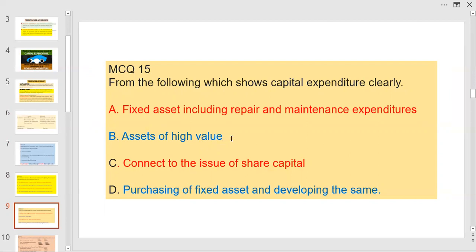A furniture purchased for 10,000, at the same time a machinery purchased for 10 million, both can be fixed assets, capital expenditures. Therefore, this statement is also incorrect. C. Connected to the issue of share capital is totally incorrect, except for the word capital. There is nothing common in this. D. Purchase of fixed assets, correct, and also developing the same, that also will come under capital expenditure. Therefore, the answer is D.